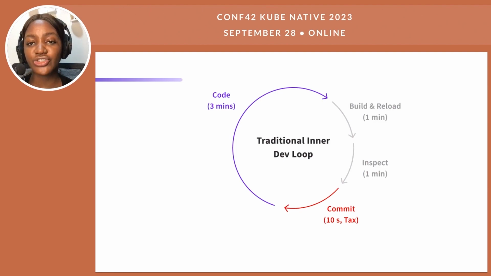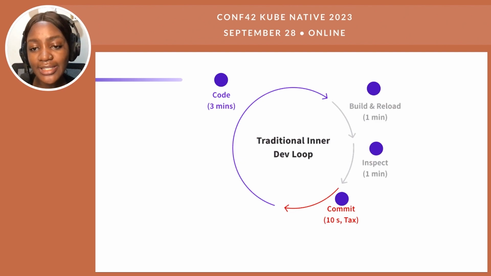Let's assume that the developer in this case would spend 6 hours per day writing code, and the inner dev loop would probably be 5 minutes, for instance. This means they'll spend 3 minutes coding, 1 minute building and reloading, the next 1 minute inspecting that the code changes they have made are working as expected, and say 10 to 20 seconds committing that code change to the version control system.